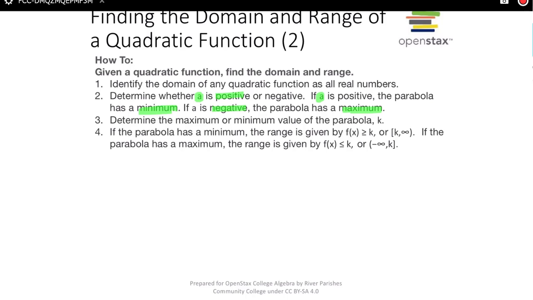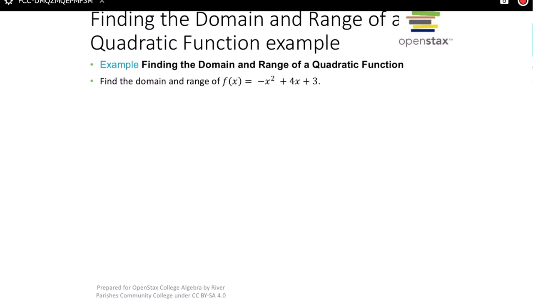Once we determine the max or min of the parabola, which is k, then we can do the range as I stated. It's either k to infinity or negative infinity to k, depending on whether it opens up or down.